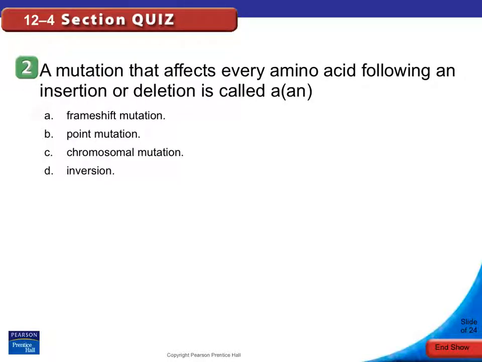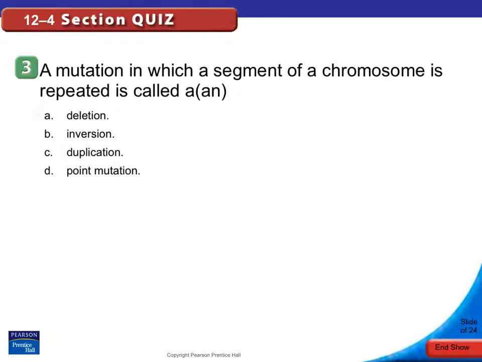Number two, a mutation that affects every amino acid following an insertion or deletion is called what? Number three, a mutation in which a segment of a chromosome is repeated is called.